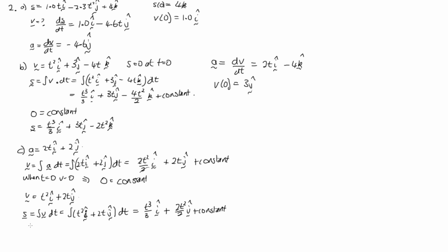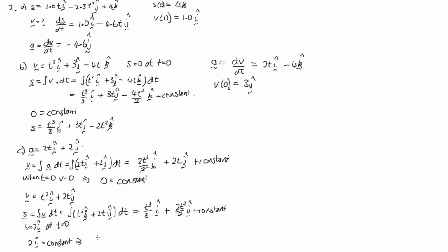And then in this case, we're told that at t equals 0, s is equal to 2i. So we've got 2i is equal to, substituting in t equals 0 here, we've got 0i, and the j, that's 0, and so that's our constant.